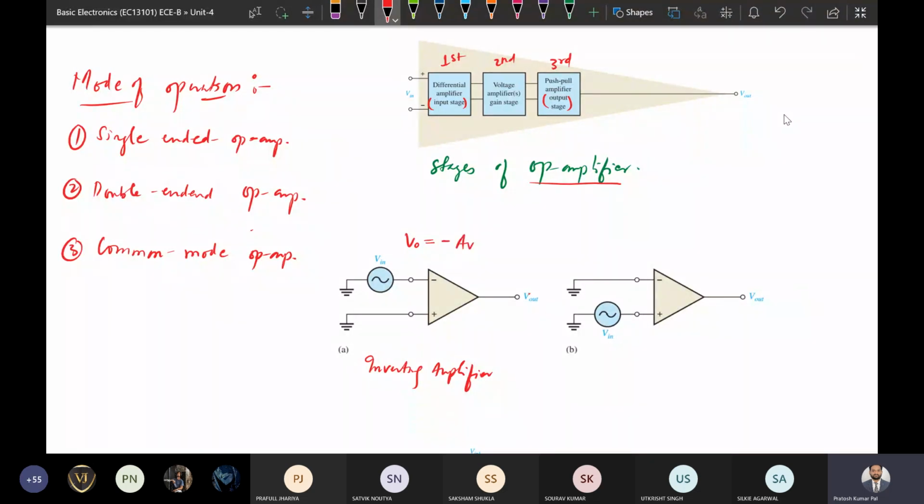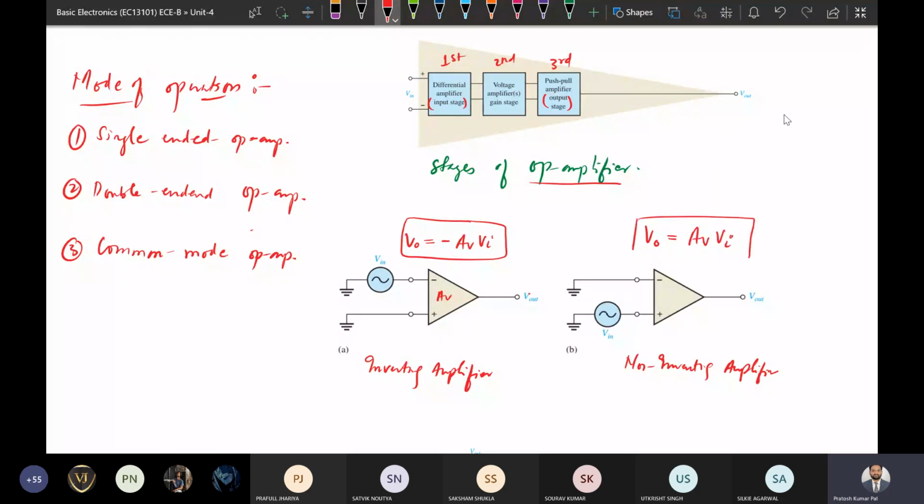If the gain is AV, the output is the gain multiplied by the input. If we apply the input to the non-inverting side, it is called a non-inverting amplifier. At that time, the output will be related to AV with the input.